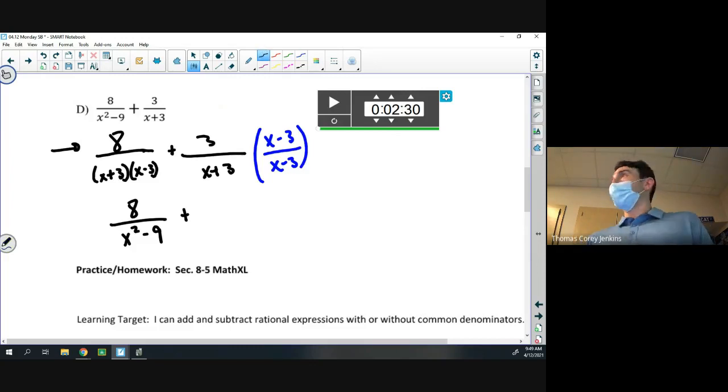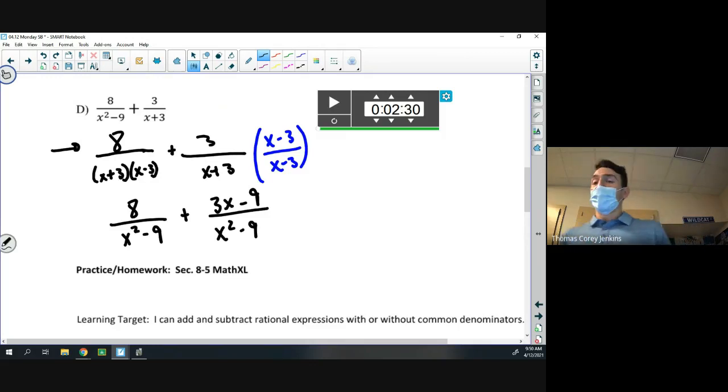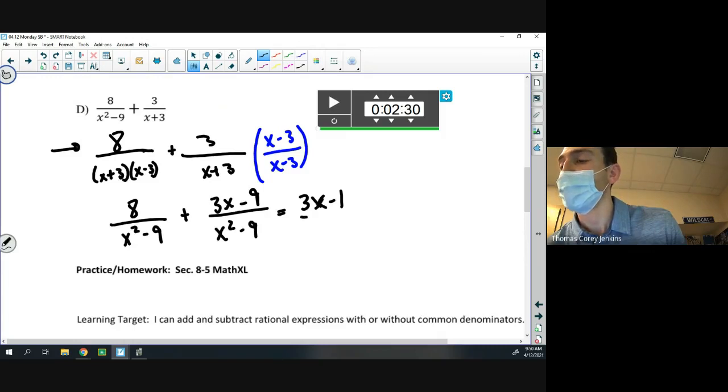So it gives me whatever it gives me up top. So that'd be 3x minus 9. And then I have that common denominator of x squared minus 9, or x plus 3 times x minus 3. At this point, when I add my numerators, I do have like terms, so I'll go ahead and combine like terms, and then we should be done at that point once we add. So overall, I'd have 3x minus 1 over x squared minus 9.